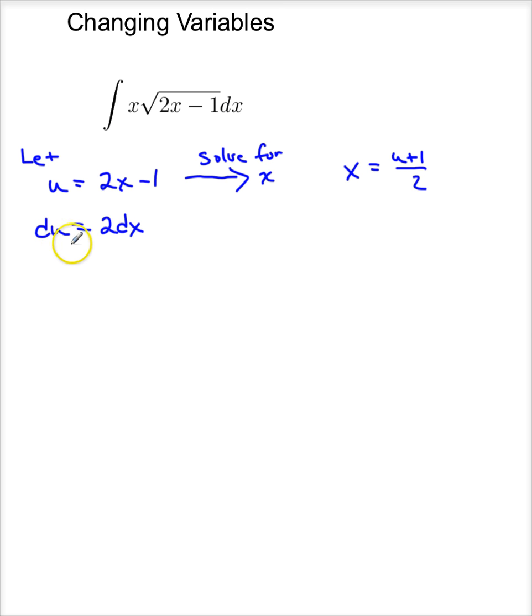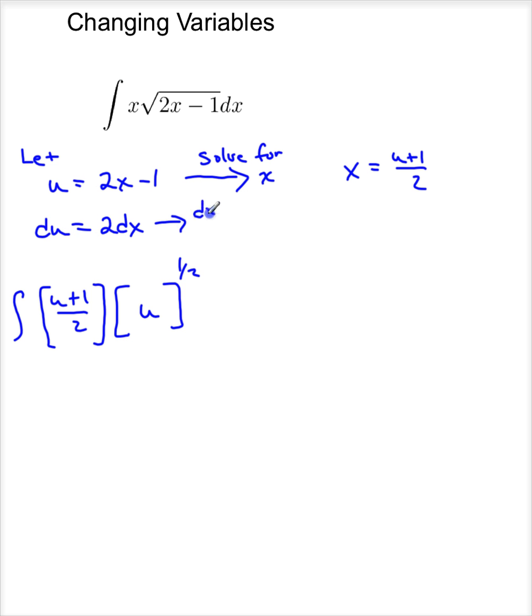So now I'm going to plug everything back into my integral. So this becomes the integral. x is u plus 1 over 2 times the square root of 2x minus 1, so this is u to the 1/2. And I need to solve this for dx. So dx is du over 2. Now let me rewrite this. This becomes 1/4.